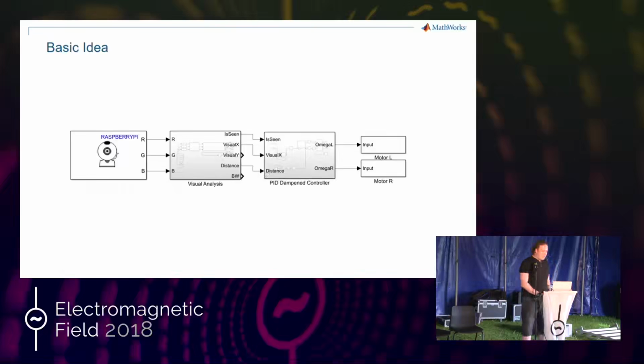This is a Simulink model. This is something that you can compile and run on a Raspberry Pi or an Arduino or any other hardware that you want to target. These are the four stages of what it actually does. There's a bit more detail behind visual and a bit more detail behind controller. I'm going to show you how to solve these two problems.